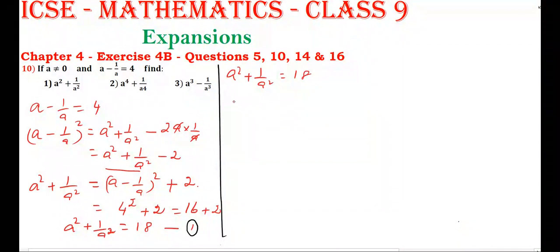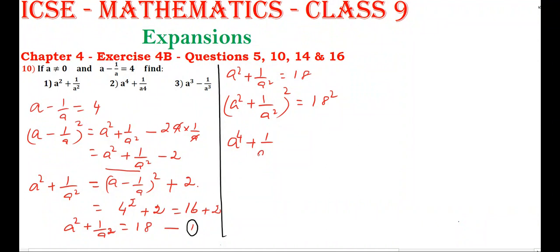So this again we will square. So a square plus 1 by a square the whole square equals 18 square. So this again we will take the a plus b the whole square formula. So it's a power 4, already a square, so a square into a square is a power 4, plus b square, so 1 by a square.